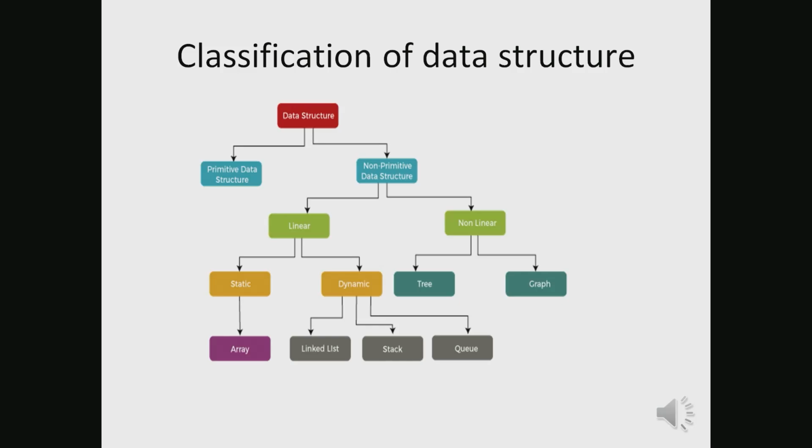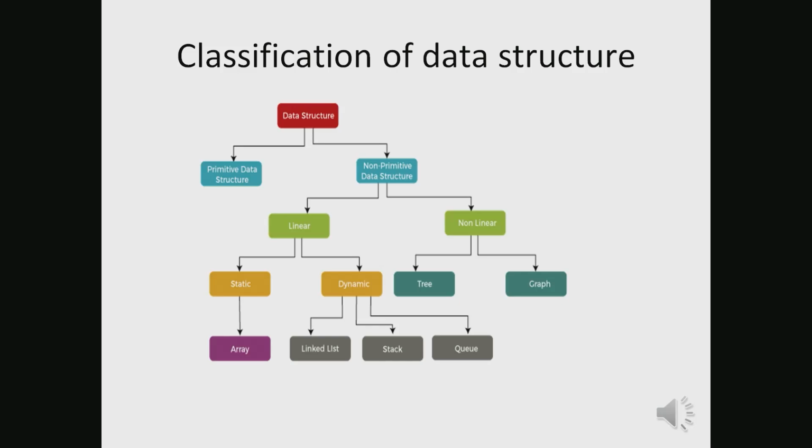For example, the element stored after the second element would be the third element. The element stored after the third element would be the fourth element. We have different linear data structures holding the sequential values such as array, linked list, stack and queue.